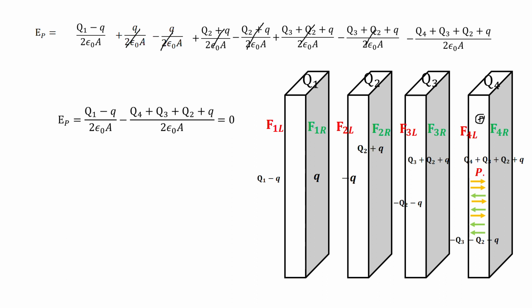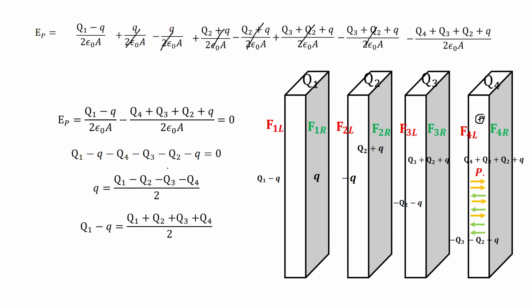So we are left with net electric field as Q1 minus Q divided by 2 epsilon naught into a minus Q4 plus Q3 plus Q2 plus Q divided by 2 epsilon naught into a. If we equate it to zero and solve, we get the value of Q as Q1 minus Q2 minus Q3 minus Q4 divided by 2. This value we have just now calculated, and once this Q is known, we can calculate Q1 minus Q.